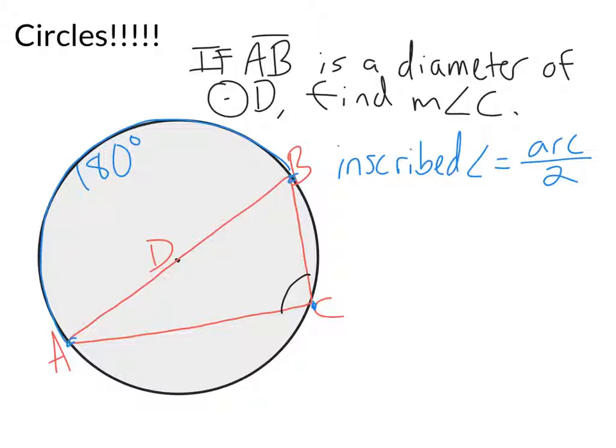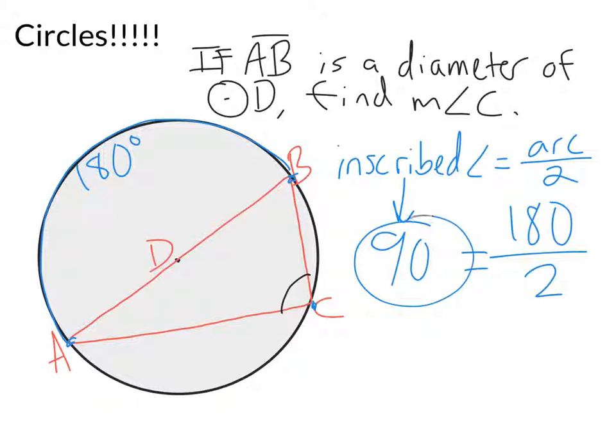So what do I need to do? My arc is 180, isn't it? Well, what is 180 divided by 2? That is indeed 90. Therefore, my inscribed angle is 90 degrees. That is angle C. Awesome.